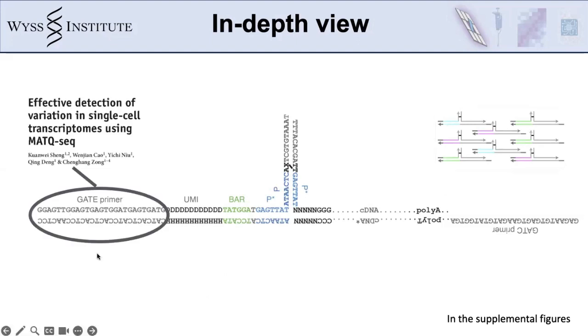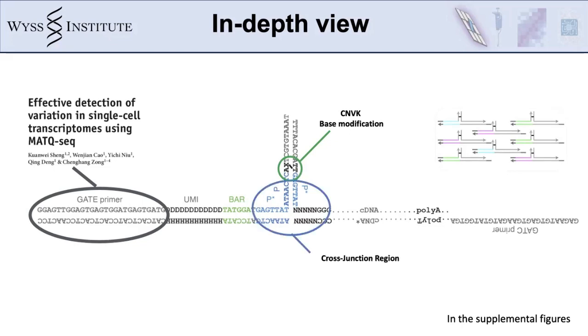So he had a GAT-A primer, we use GAT-C, GAT-E. And we have our CMYK-based modification here. So this is the cross-link region that the polymerase should not be able to cross. And then we have our cross-junction region right here. In addition to that, we have a UMI to remove PCR duplicates, as well as our barcode sequence.